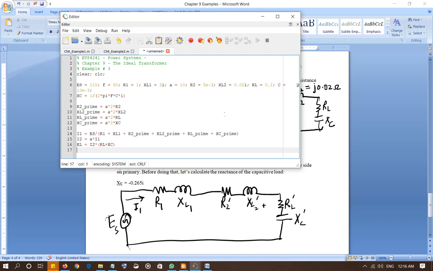S load is equal to EL times the conjugate of the current that is flowing over there, which is I2. That's the complex power. This is the complex load power.